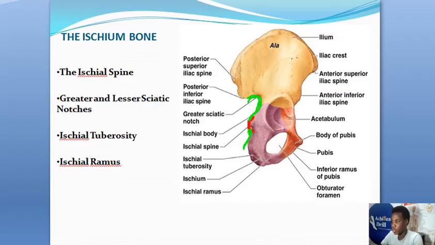So the ischial spine, the one in red, is somewhere in the middle. Above it we have the greater sciatic notch, beneath it we have the lesser sciatic notch. And you have to understand that this ischial spine still functions as an attachment point for ligaments, especially the sacrospinous ligament.